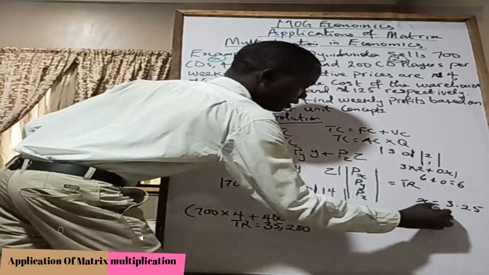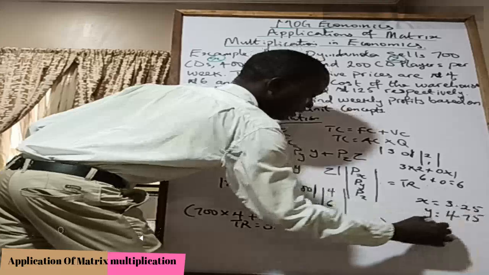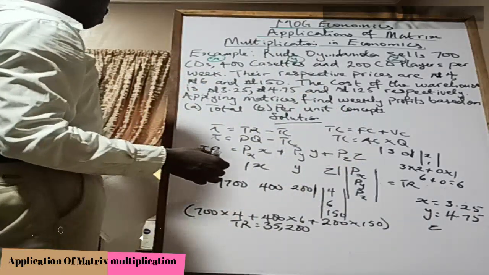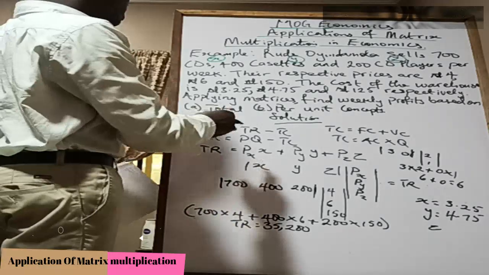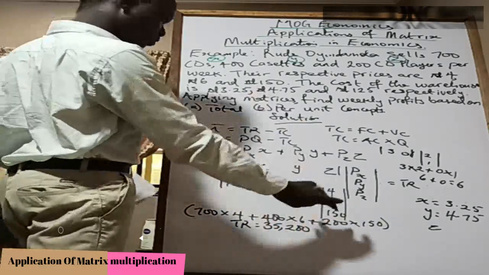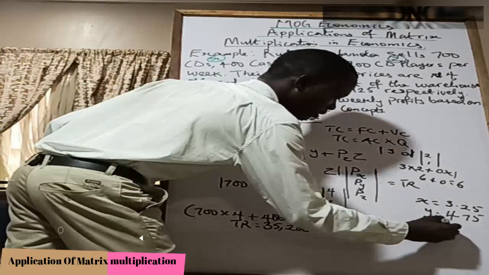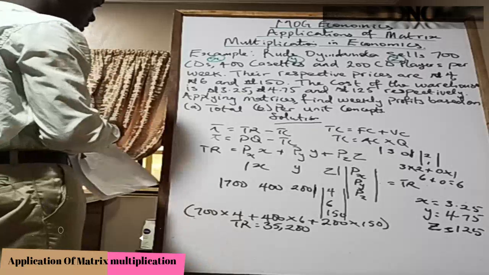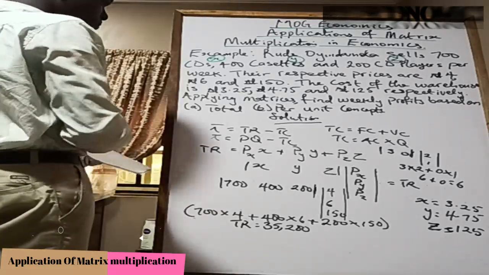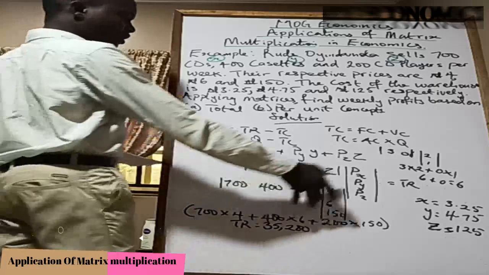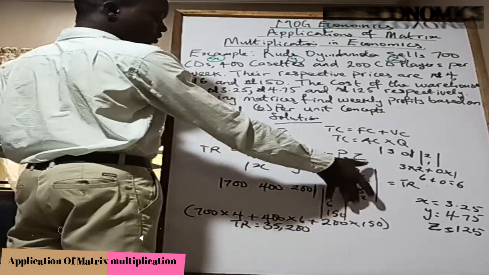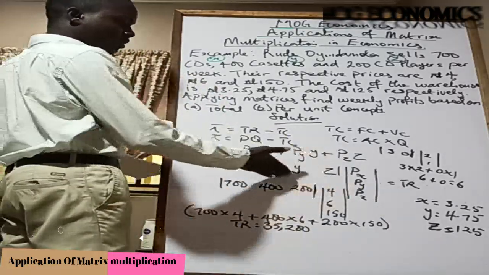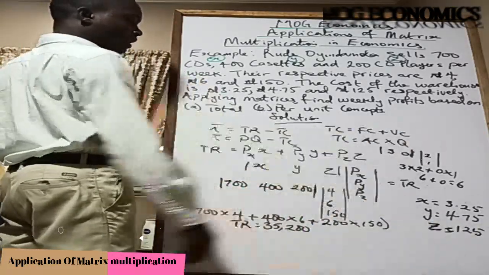The average cost of Y is 4.75, and the average cost of Z is 125. You can see that it's very easy. What we do again in this case is replace their prices with the average cost. So we have the quantity multiplied by the average cost, which is this formula, and that gives us our TC.